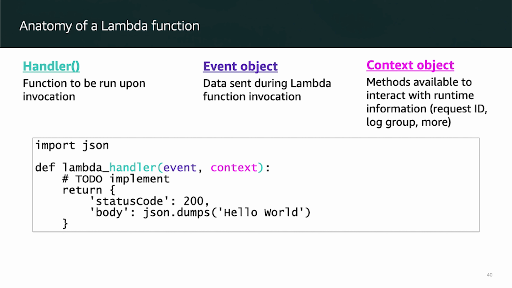The context object is generated by AWS and provides metadata about the running time environment of that object. The context object enables your function code to interact with the Lambda runtime environment. The contents and the structure of the context object vary based on the language runtime that your Lambda function uses.